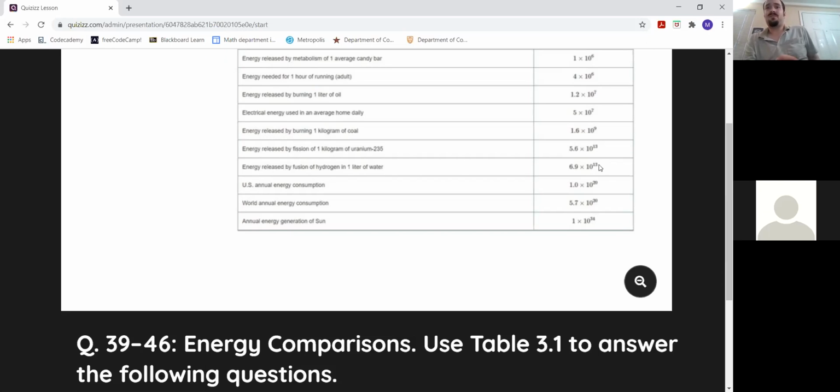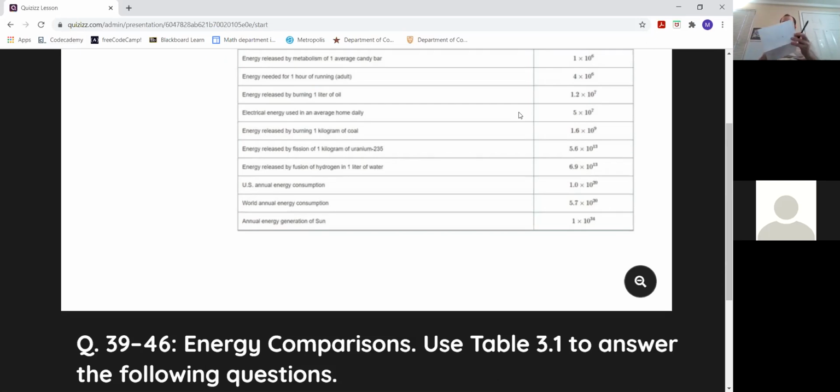6.9 times 10 to the 13th is how much you're getting from the fusion of 1 liter of water. And average daily use in a home is 5 times 10 to the 7th.